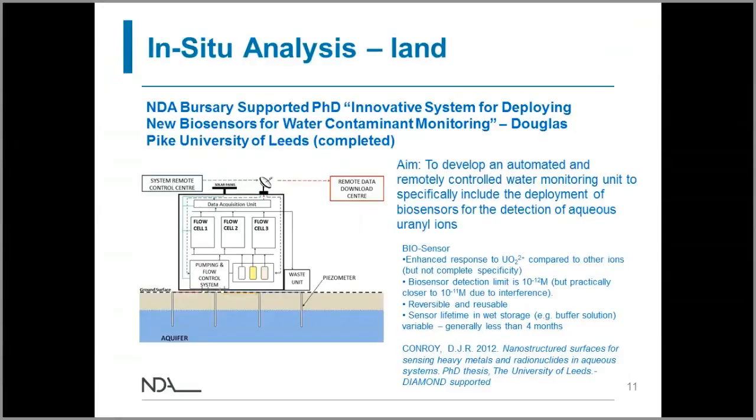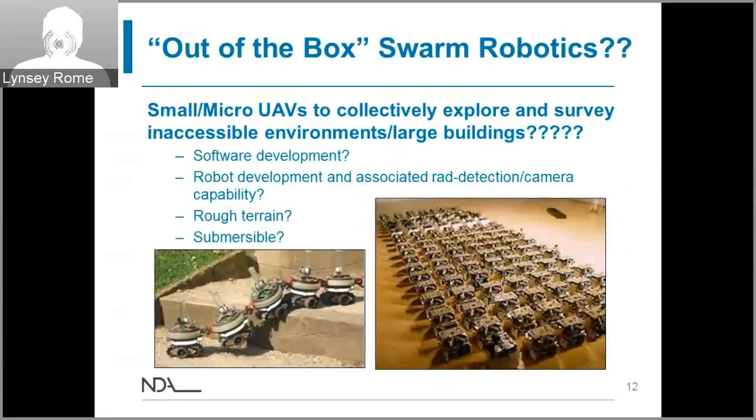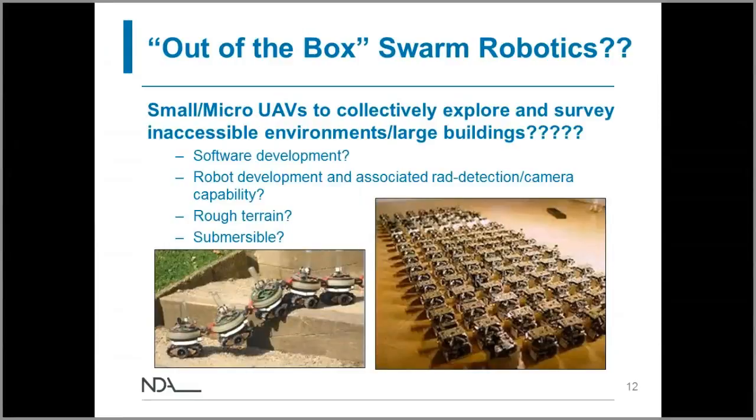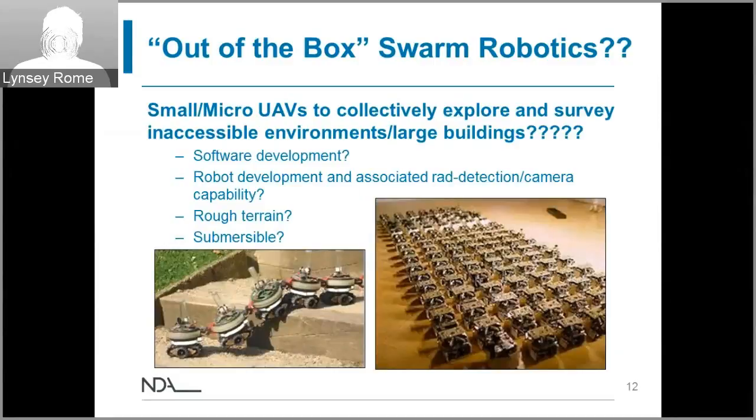Next slide, please. So here's one for you, out of the box, swarm robotics. People are looking very much at software development for small, inexpensive robots to conduct search and rescue in earthquakes, to conduct chemical surveillance in a contamination scenario.